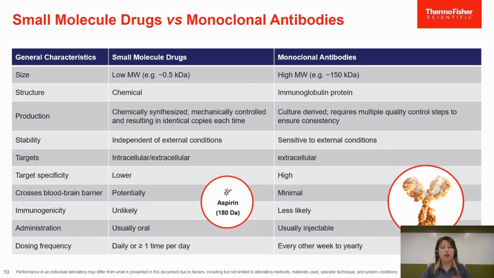The administration is usually by injection, so oral administration is not common for monoclonal antibody drugs. And the dosing frequency is much longer compared to small molecules, so it can be every other week or twice yearly. And here's the comparison between aspirin, which is a common small drug, and the actual size of the monoclonal antibody.